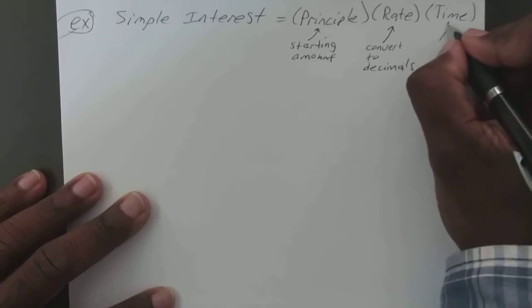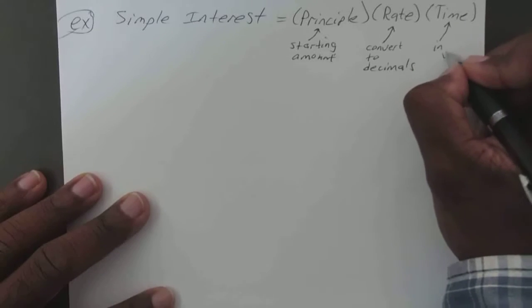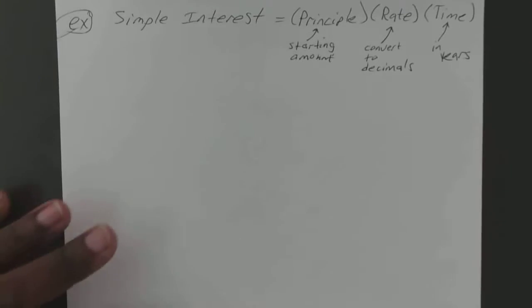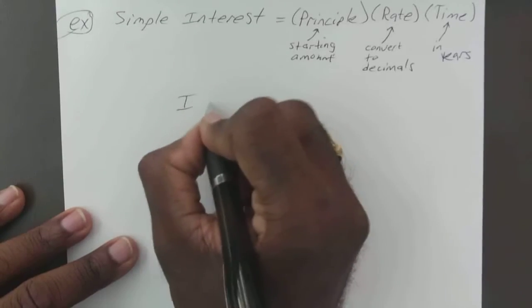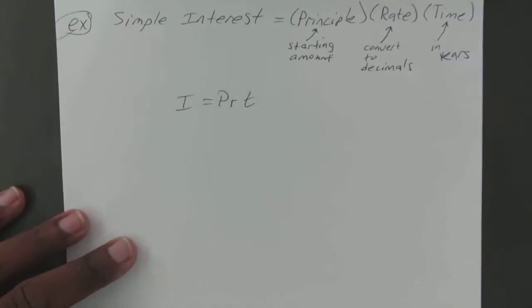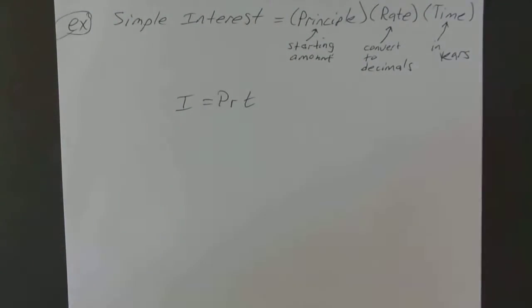And the time is always in years. So the shortcut is interest equals principal times rate times time. That's your simple interest formula.